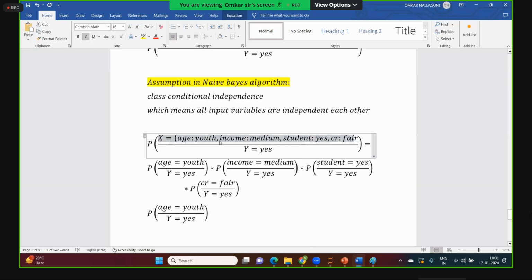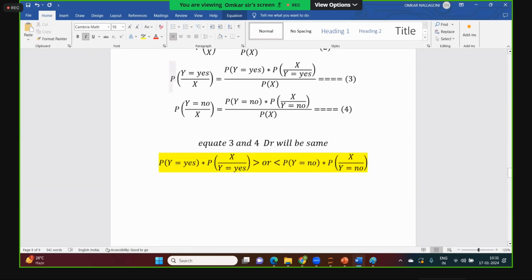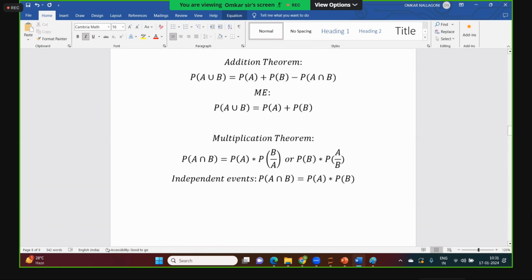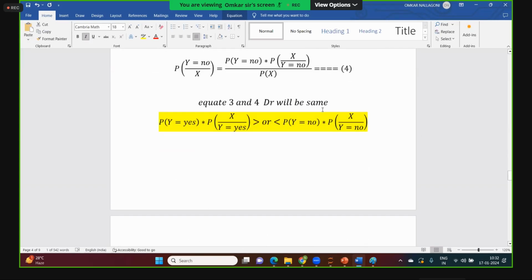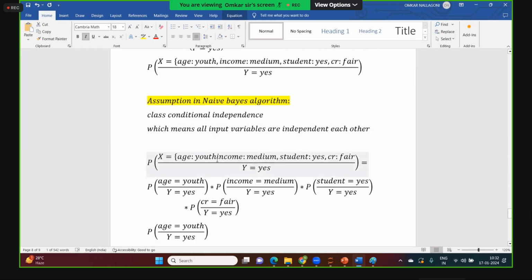You can write it like this. What is the intersection symbol? That symbol you can write. Where is that intersection symbol? This one. If you want to use this here, then you can use it like this. Okay?